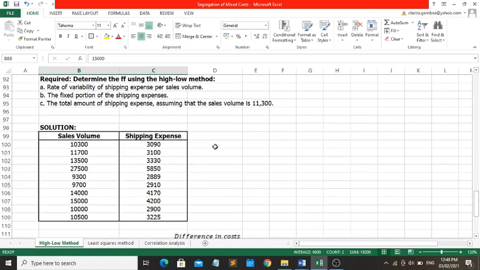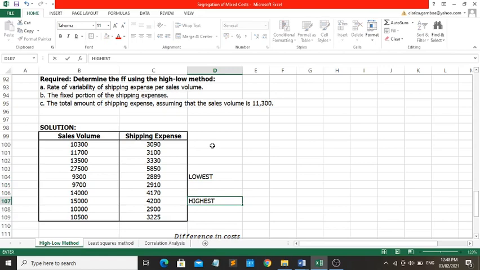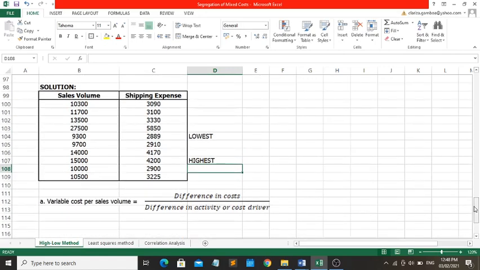Sabi natin, we have the lowest here, 9,300, and the highest is etong 15,000. After nating ma-determine yung highest and lowest point, pwede na nating ma-compute ang variable cost per sales volume.